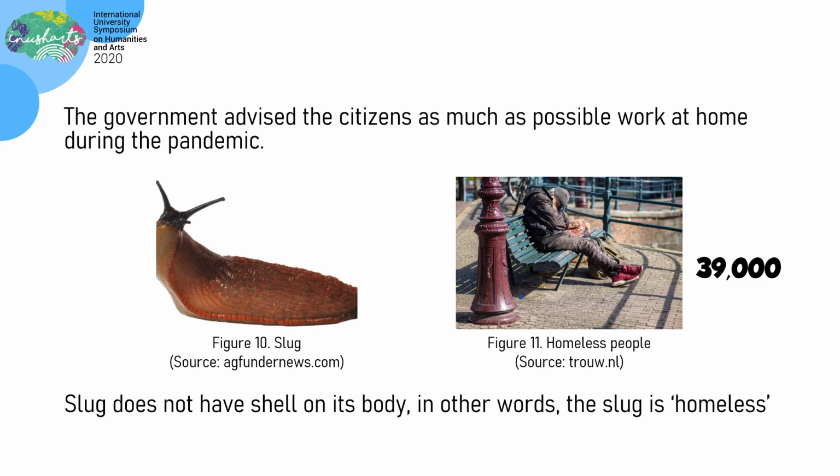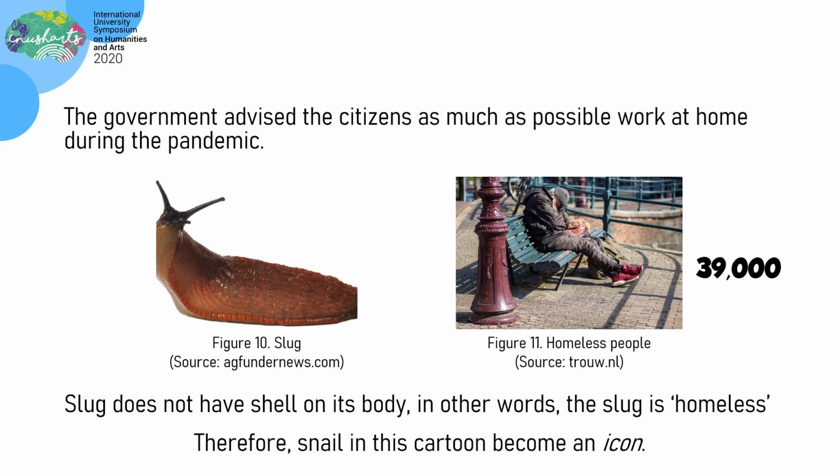Referring to the previous statement, it can be stated that the slug does not have a shell on its body. In other words, the slug is homeless. Thus, snails in this cartoon became an icon.